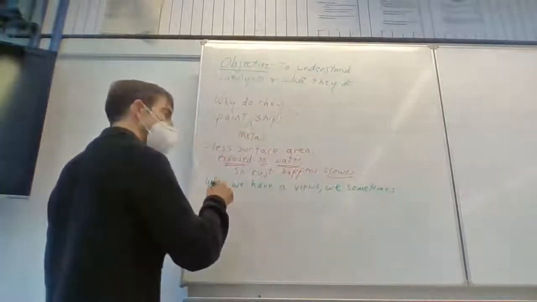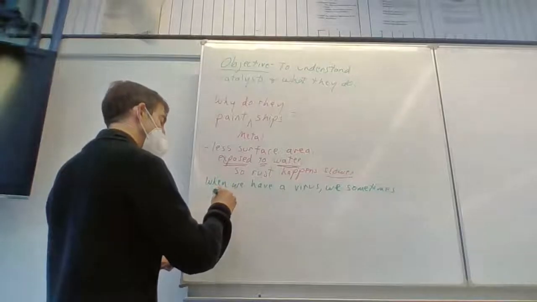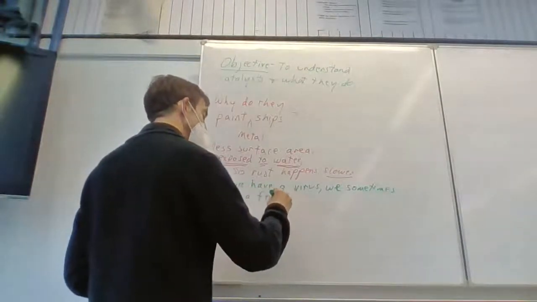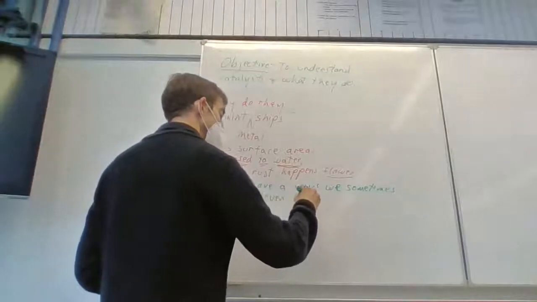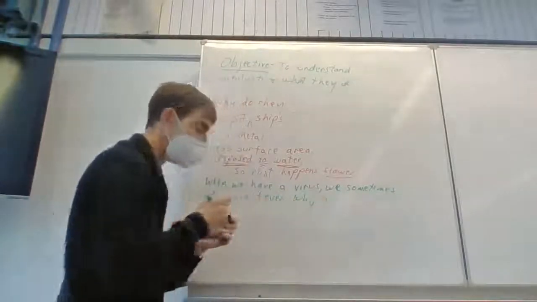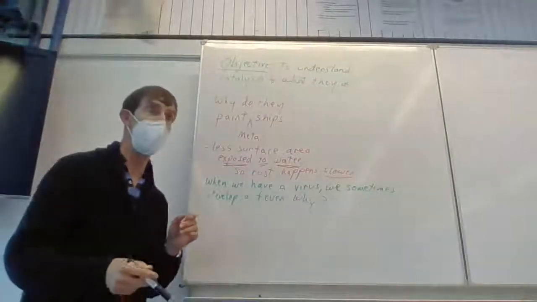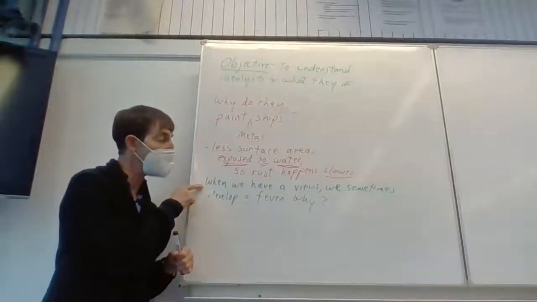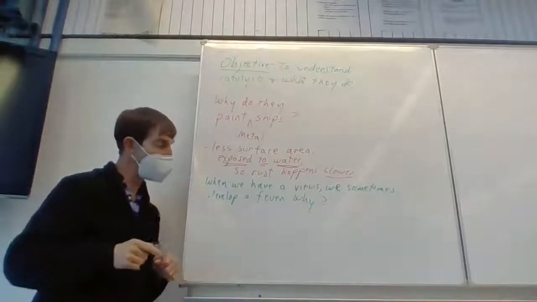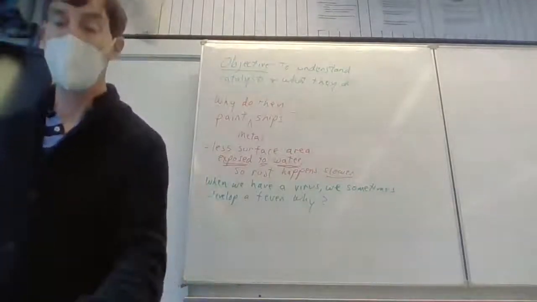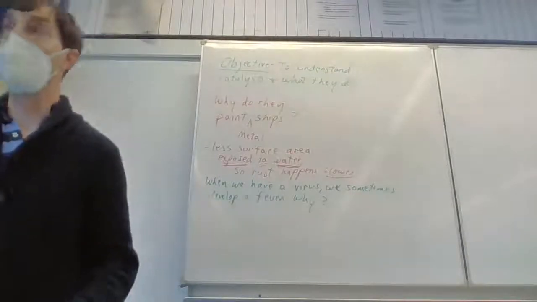When we have a virus, we sometimes develop a fever. So this is about fever. When we have a virus, we sometimes develop a fever, and now I want you to think of a chemical reason why your body does that.